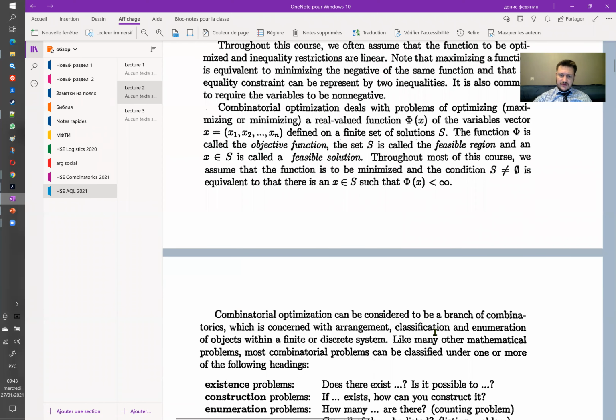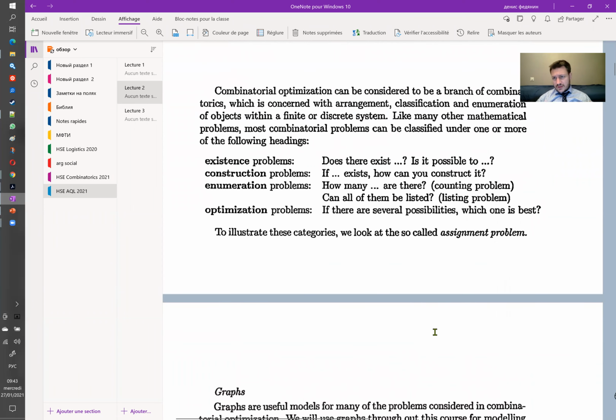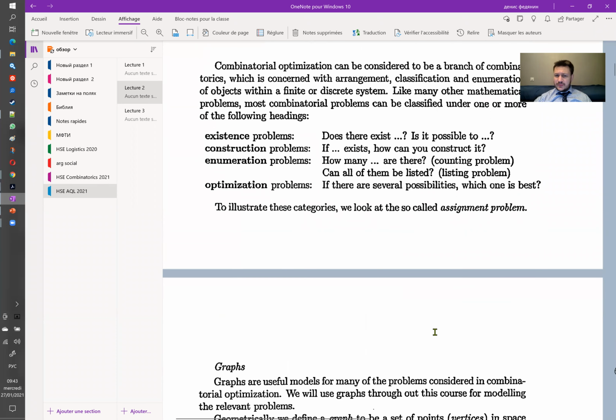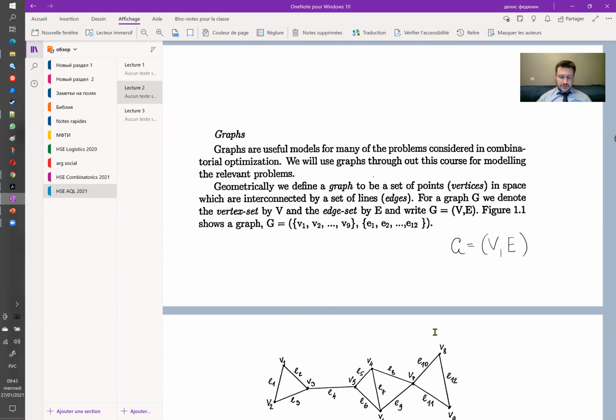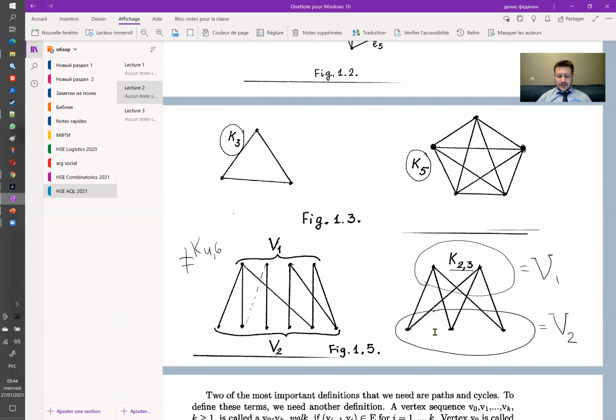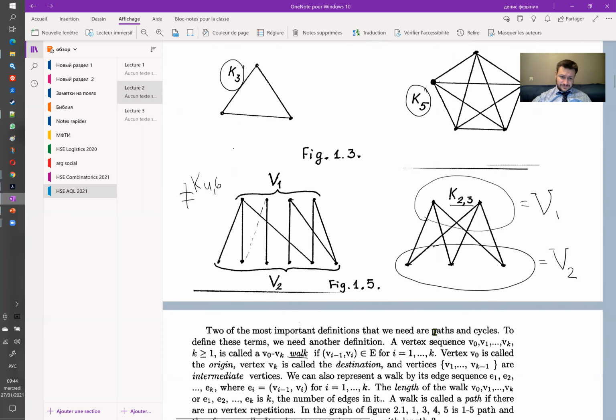We have discussed a bit about what kind of problems we can solve in logistics in general, in optimization, and what combinatorial optimization is. We were talking about graphs: vertices, nodes, edges, and some formal models of this. We have discussed what K3, K5, K2,3 and so on are.